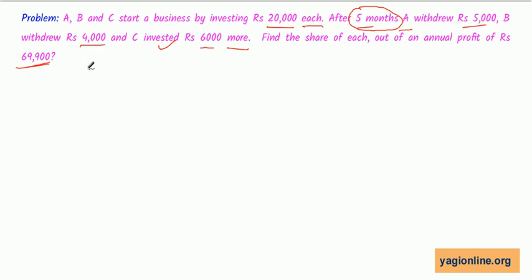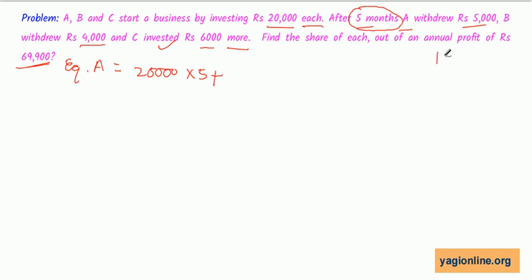So let's first find out the equivalent investment of A. How will it be? They invested 20,000 rupees each, and after 5 months A withdrew rupees 5,000. So 20,000 was there for how many months? 5 months. Plus, now it is an annual profit, that means 12 months.